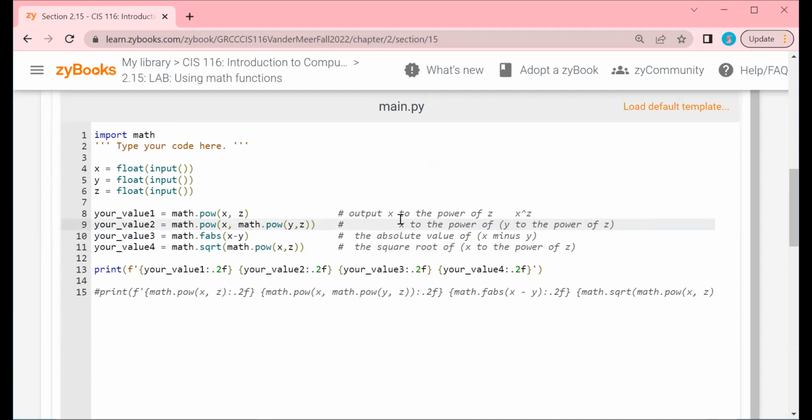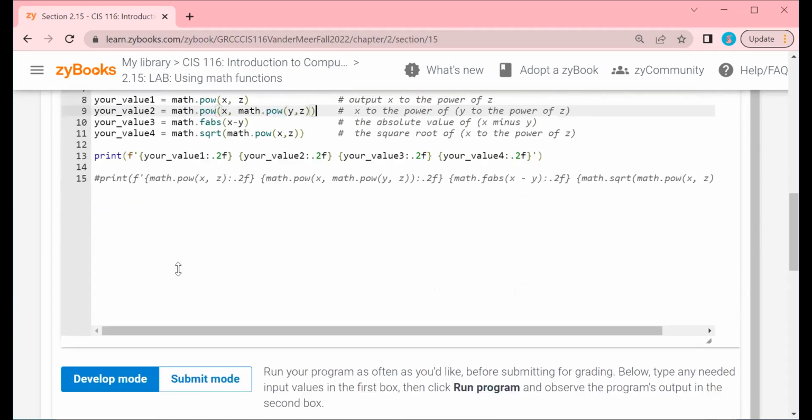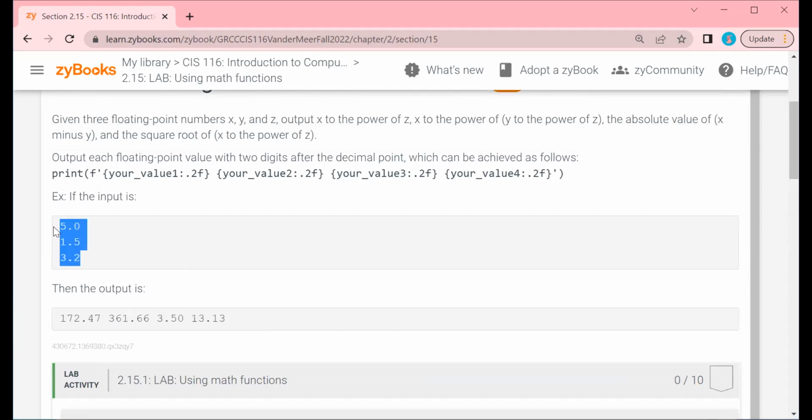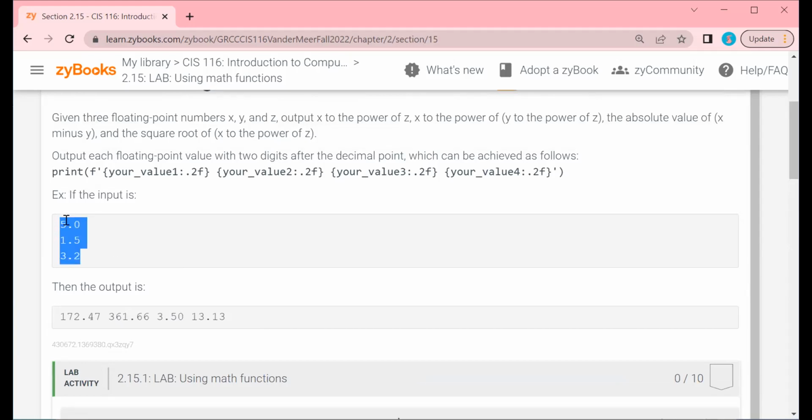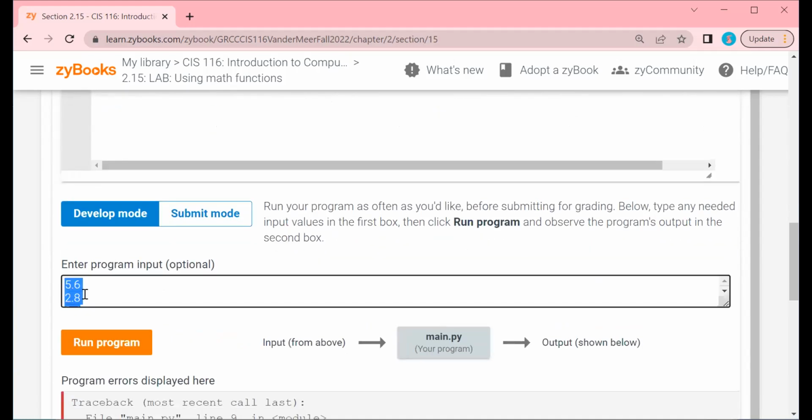So x to the power of y raised to the power of z. I wonder if it doesn't like that caret sign. Let me just copy this sample input too. Maybe my sample output is maybe off.